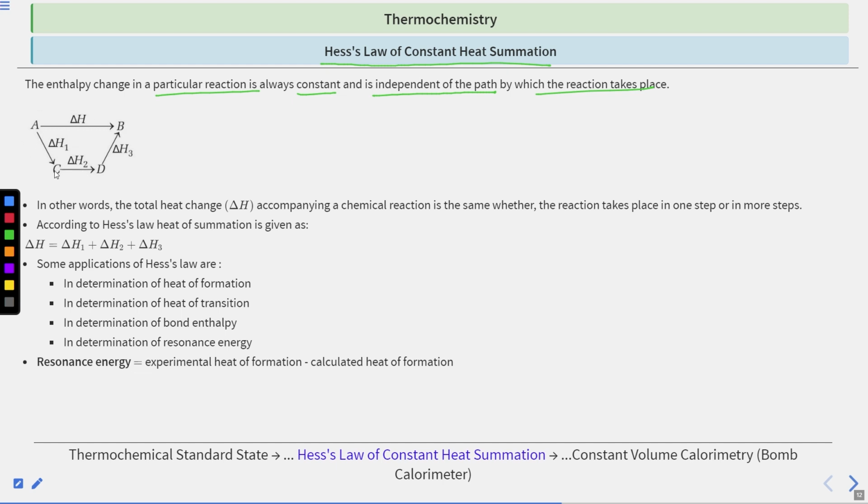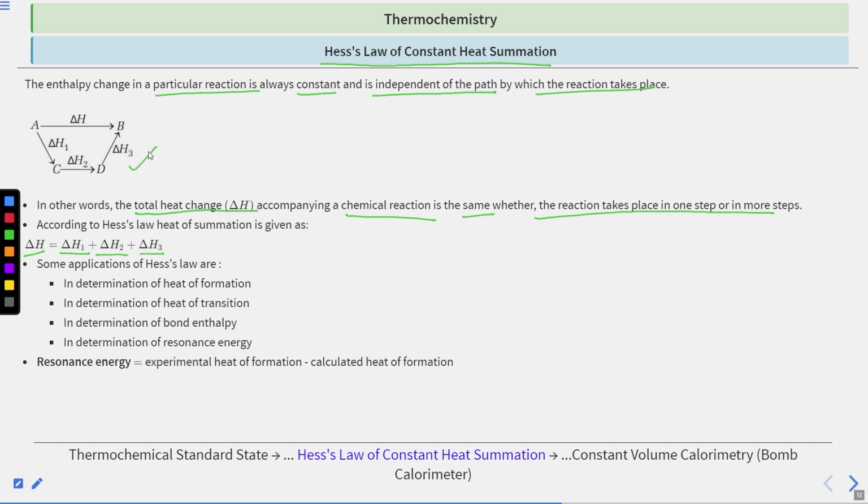A to B is del H, A to C is del H1, C to D is del H2, and D to B is del H3. So in other words, we can say the total heat change del H accompanying a chemical reaction is the same whether the reaction takes place in 1 step or in more steps, as I said. According to Hess's law, heat summation is given as del H equals del H1 plus del H2 plus del H3.